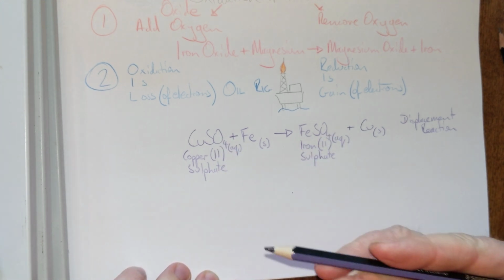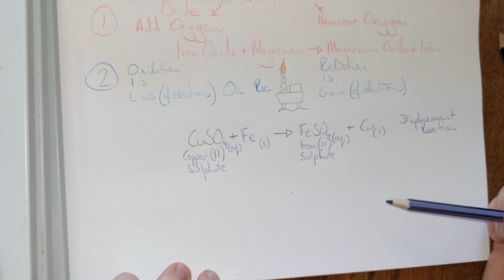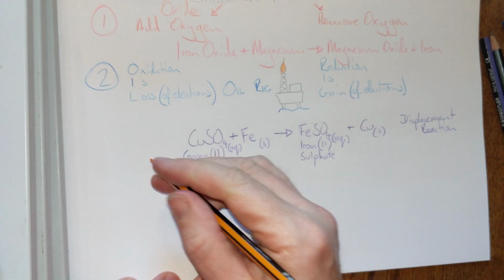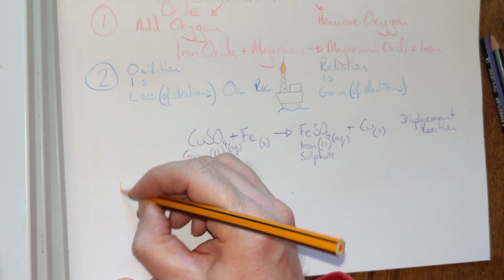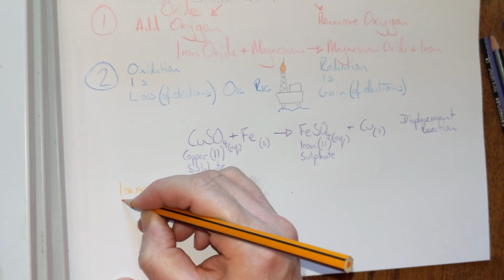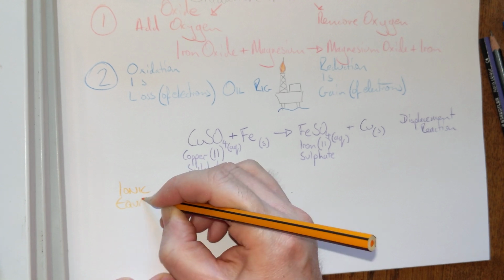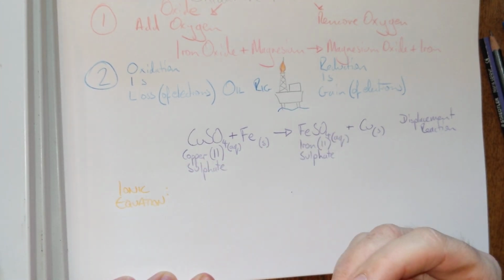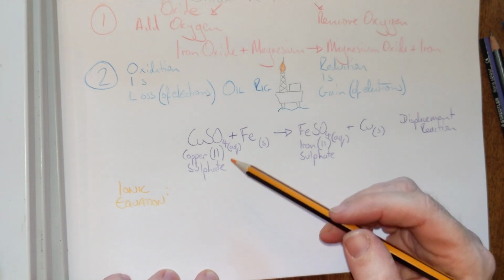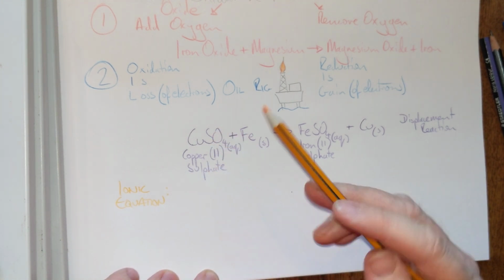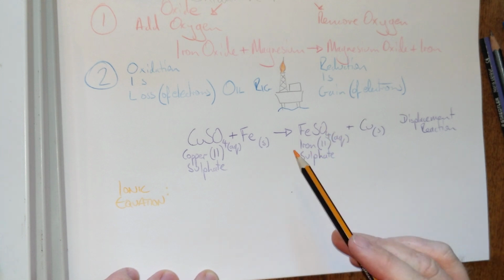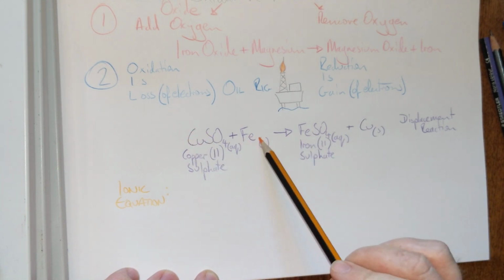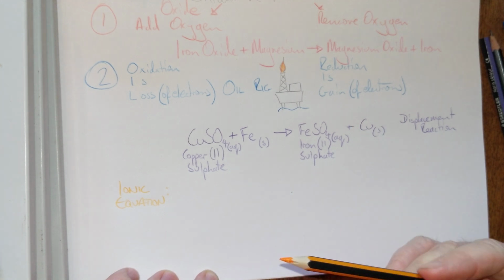So what we're going to do is break this down into something called an ionic equation. That shows you the ions that are actually doing something, because that sulfate group, nothing changes about it apart from what it's attached to. Whereas actually we've got movement of electrons in the copper and the iron, and that's really what we want to get to.